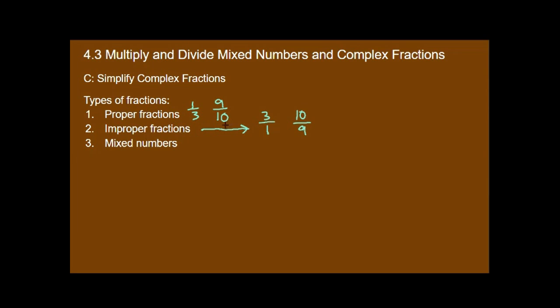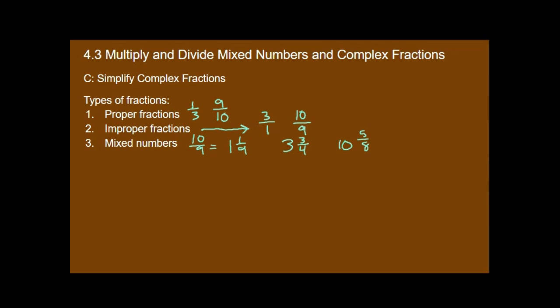That's when you take an improper fraction and turn it into a whole number plus a proper fraction. So in our example here, 10/9 as a mixed number would be 1 1/9, right? So mixed numbers: 3 3/4, 10 5/8. You have a whole number plus a proper fraction.